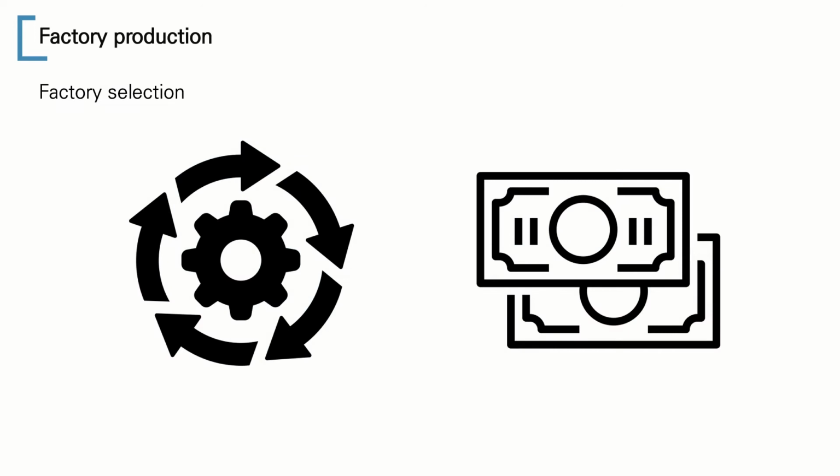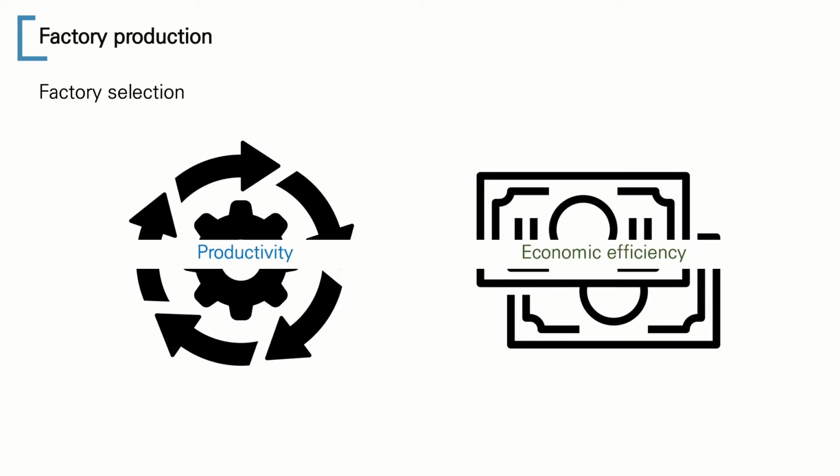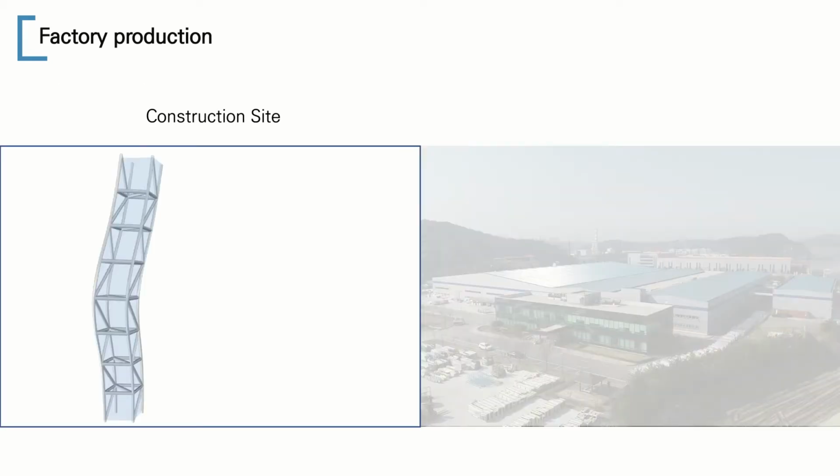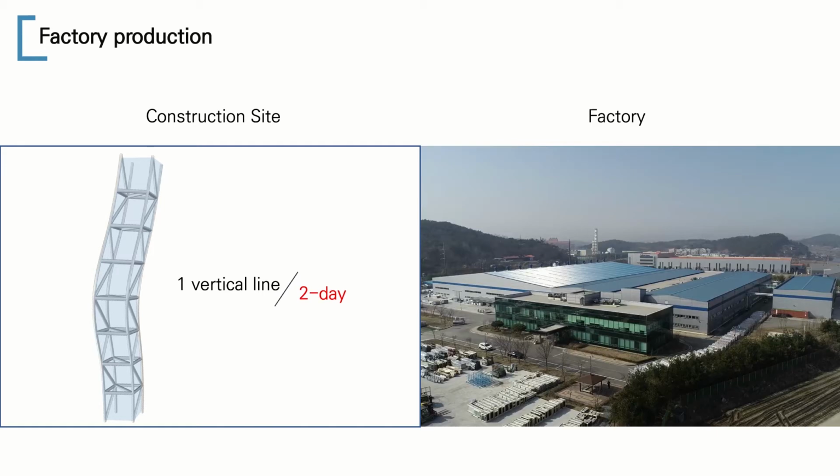The criteria for selecting a factory are the results of considering the production capacity and economic feasibility of the plant. Importantly, for the overall construction period, the work speed of the site and the production speed of the factory had to match. At the site, work was carried out on a 2-day cycle per row. Then, the factory had to adjust to this speed.